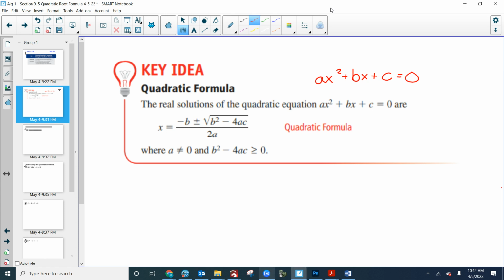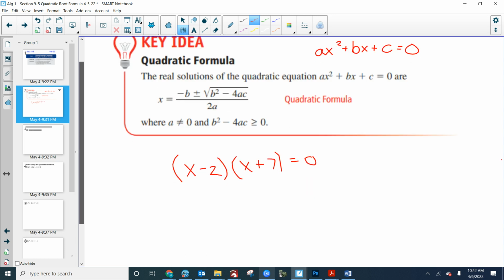An example of a problem from the quiz was (x minus 2)(x plus 7) equals 0. Some people just put x minus 2, x plus 7. If a product equals 0, the zero product property says to set each of these equal to 0 and solve.